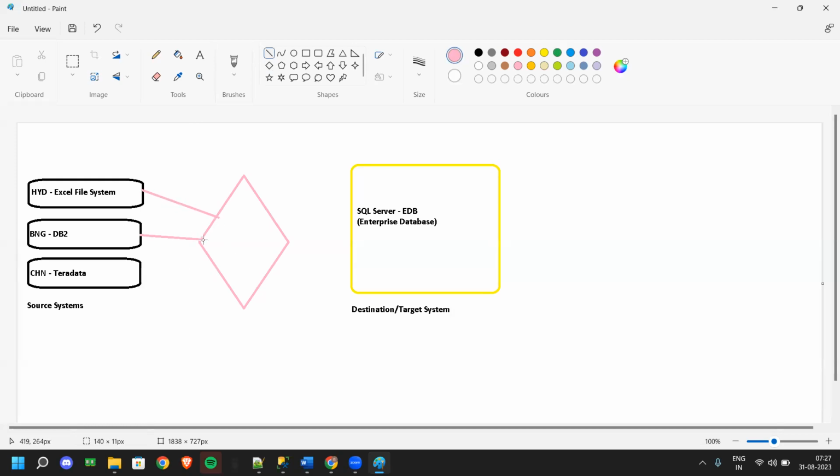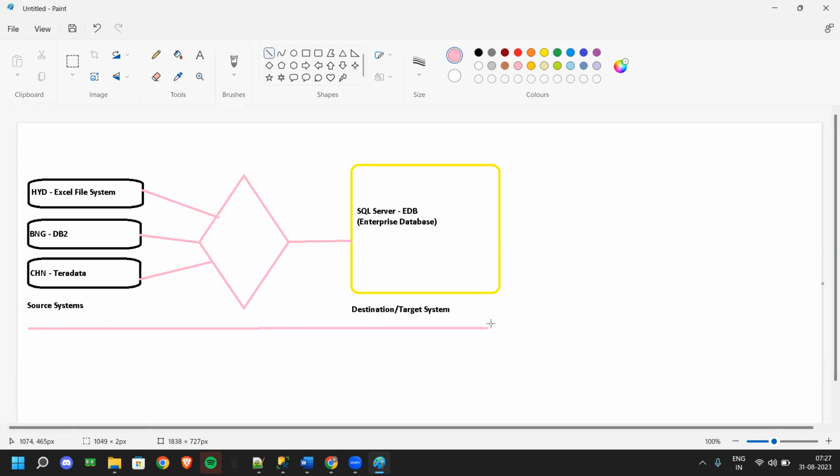You get the data from source 2 to the staging area. You get the data from source 3 to the staging area. You combine it over here, merge it, union all over here, and the combined data will be loaded into the destination system.